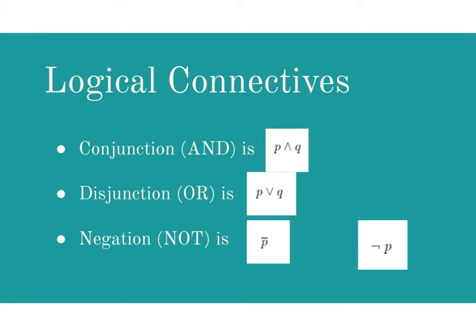The symbols we learned for each of these in the last video are that conjunction is this wedge symbol between our propositions. Disjunction is this V symbol between the two propositions. Negation is either a bar over your proposition or this sideways backwards L in front of, or to the left of, the proposition.